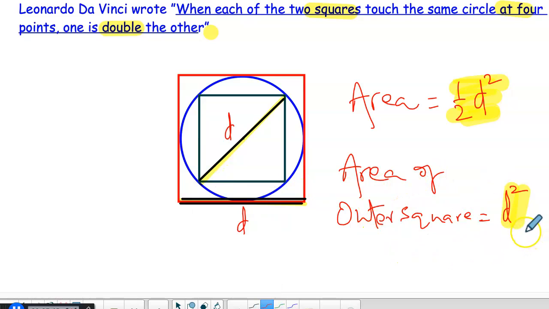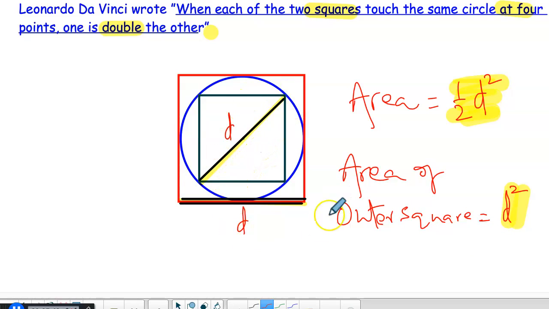The outer area is twice the area of the inside square. That's all it is. So the thing is, make use of those two formulae for the areas of a square. Just one is half of the square of the diagonal and the other is the side square. And try to connect that with the diameter of the circle.